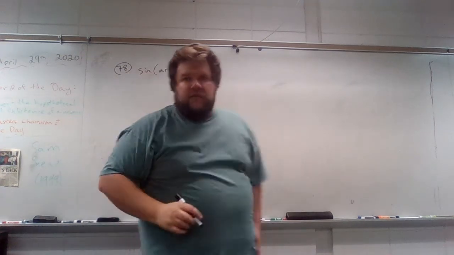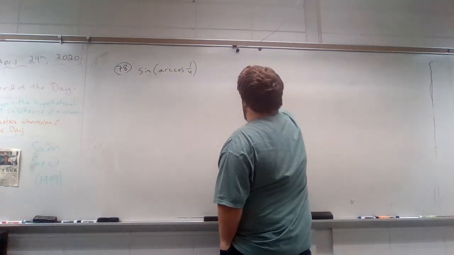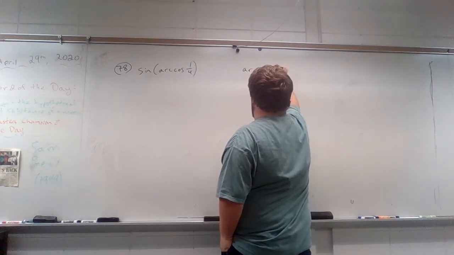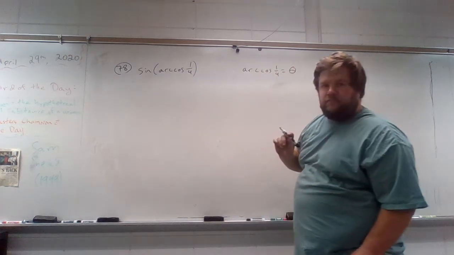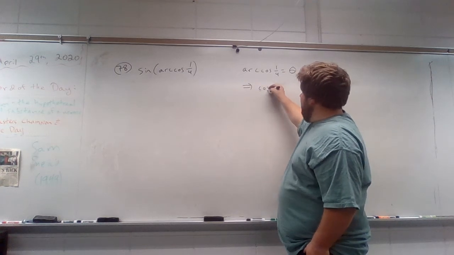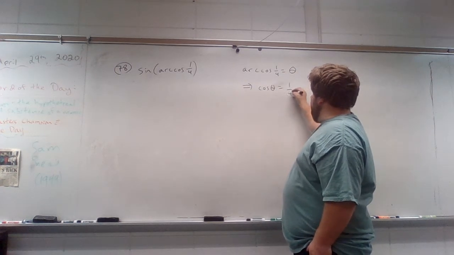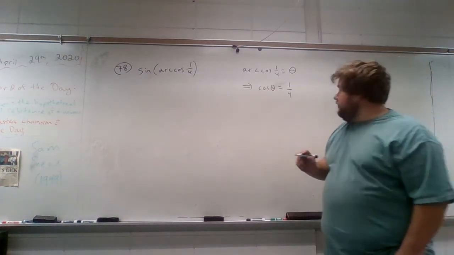Okay. So again, I look at the part with the inverse trig function. That's this arc cosine of 1/4. I let that be some angle, let's say theta. And then what does this mean? Well, this means that the cosine of theta is 1/4. And then I make a picture.